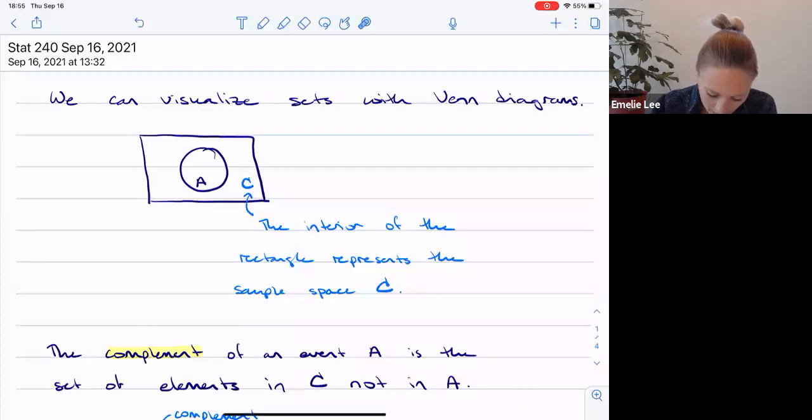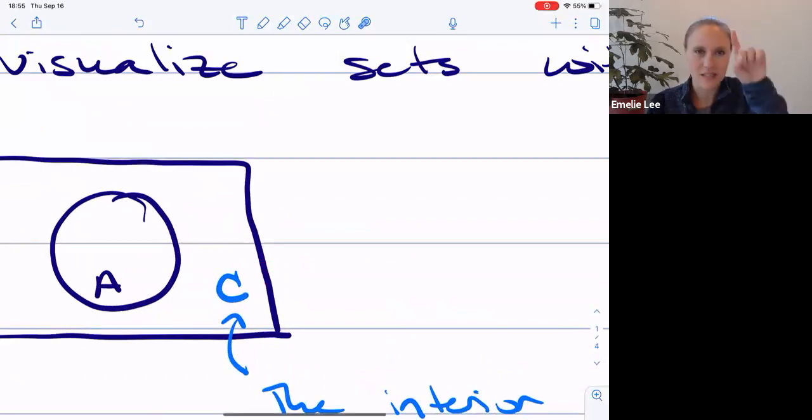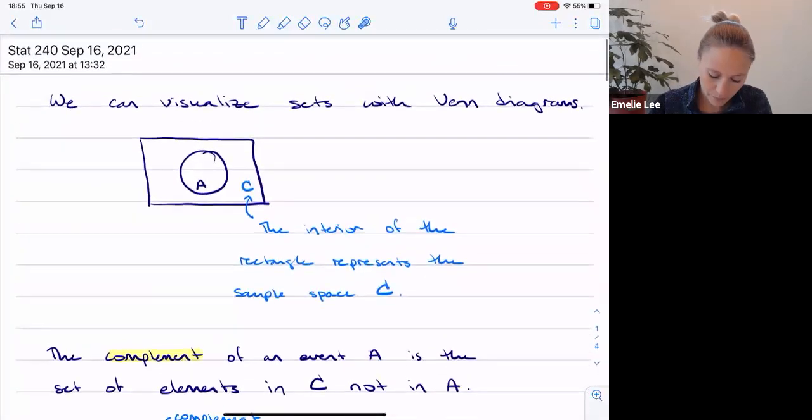I have here the interior of the rectangle represents the sample space, and I am going to try to put a little tail on the C here for the sample space, because sometimes we're just going to use a plain capital C to denote set C, and that's going to be different. So just to try to keep them straight, I'm going to use this kind of C with a little bit of a tail on it.